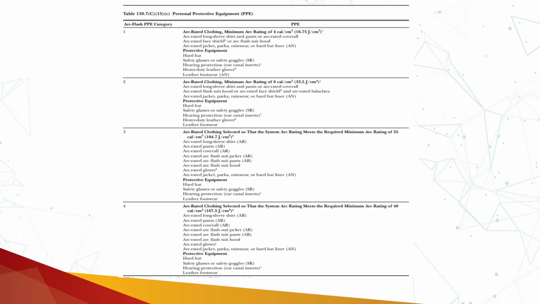So 70E does not endorse this or make this compulsory. It's one of the best practices which you can adopt as part of your own understanding of the risk associated with wearing arc rated clothing exactly matching the amount of incident energy available at that particular point. Normally in industries they are using a 1.25 factor.